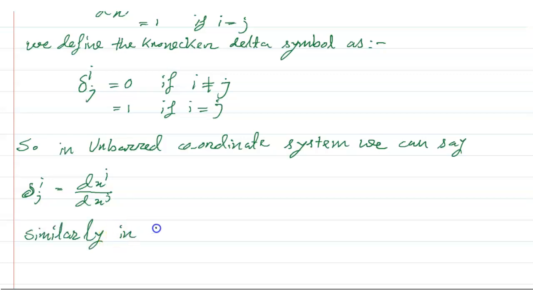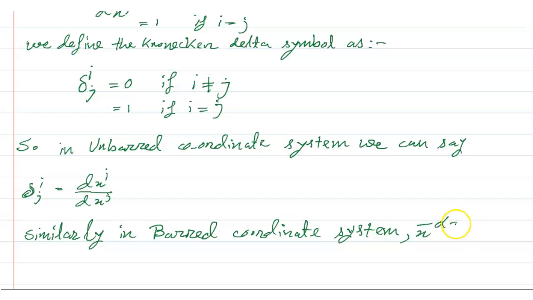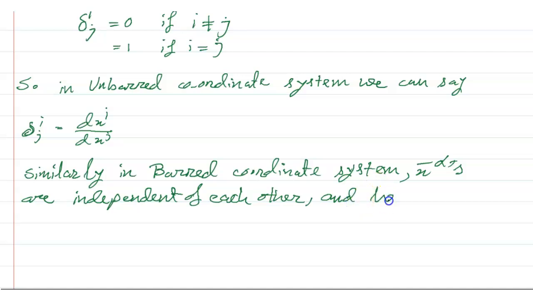Similarly, in the barred coordinate system, the x bar to the power alphas are independent of each other, and hence we can write delta alpha beta is equal to dx bar to the power alpha into dx bar to the power beta.